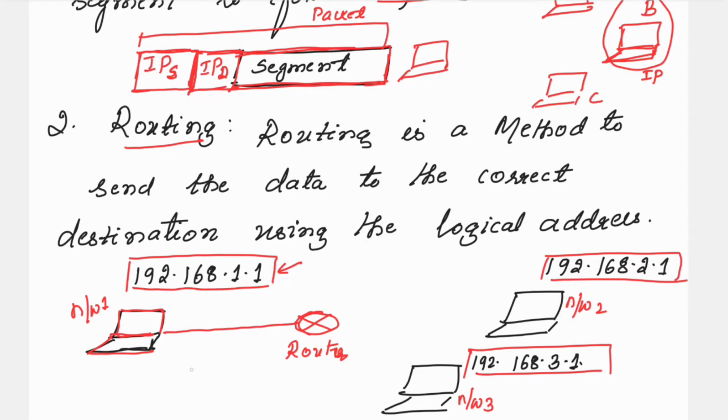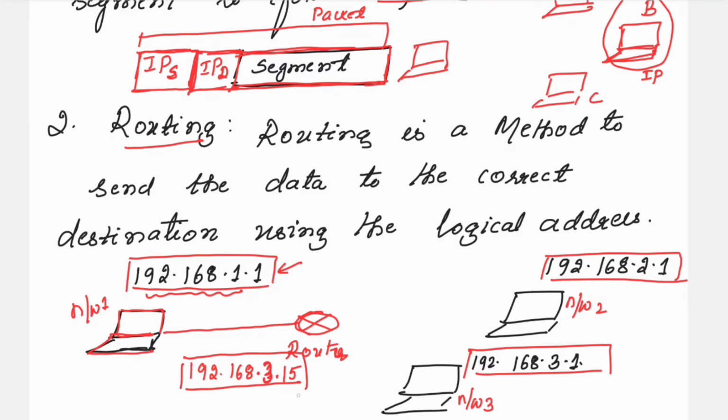Once the packet starts from the sender, let us take for example the destination IP address as 192.168.3.15. The sender wants to send a message to this destination IP address. These first 3 octets, 192, 168 and 3, always decide what? The network address.